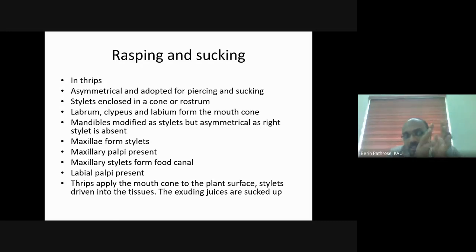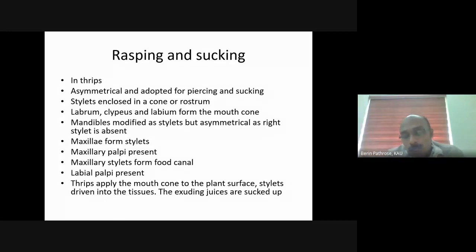And here the mouthparts consist of a cone or a rostrum. It is called a mouth cone because it is conical in nature. This mouth cone is formed by clypeus, labrum, and labium. The clypeus and labrum are in the anterior part, the labium is in the posterior part. Both form a conical structure.